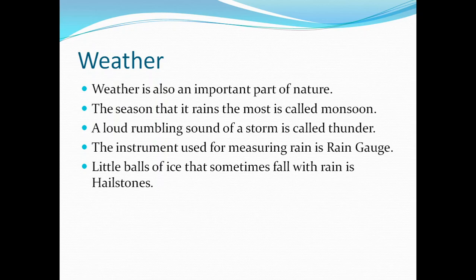Then in the night, when it is a rainy season, it flashes lights in the sky, then it is lightning, right? Even then, little drops of water found on the leaves and flowers on a cold night are called dew.